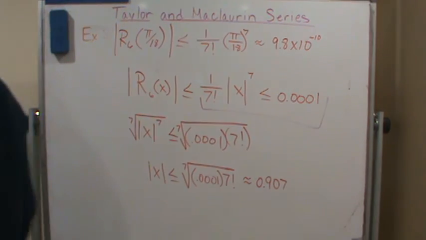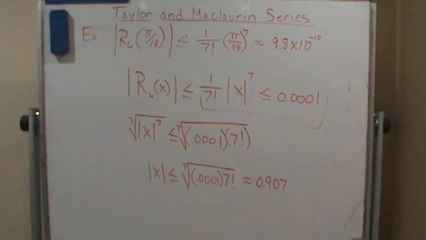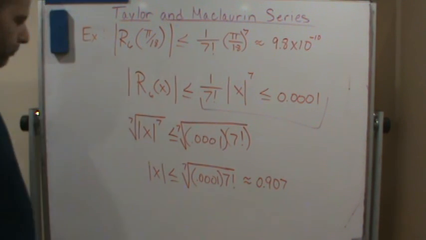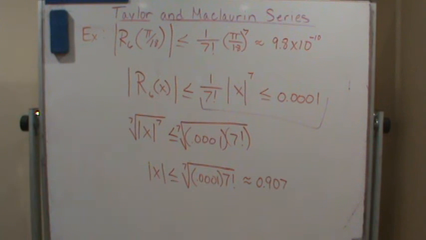Is that right? Or is it 709? Let me check. 907. So that's correct. So that is the answer. So the absolute value of x has to be 0.907.